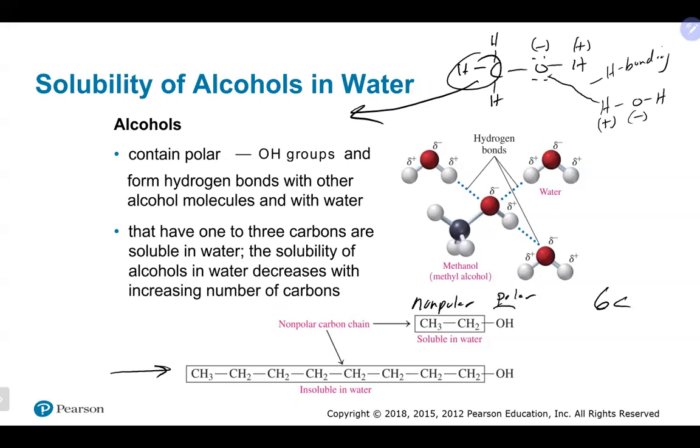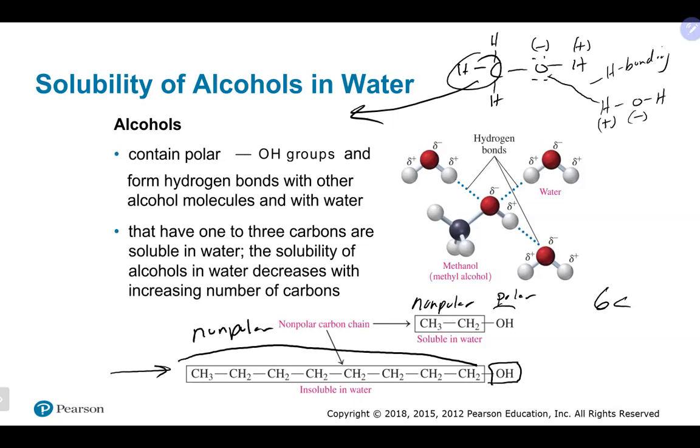So when you have a ton of carbons and hydrogens, you have a really big non-polar part and this little small polar part. And the really big non-polar part, frankly, gets in the way of the water being able to get in there and interact well with that OH group on the alcohol. And you see solubility pretty much drop to almost nothing in that case.